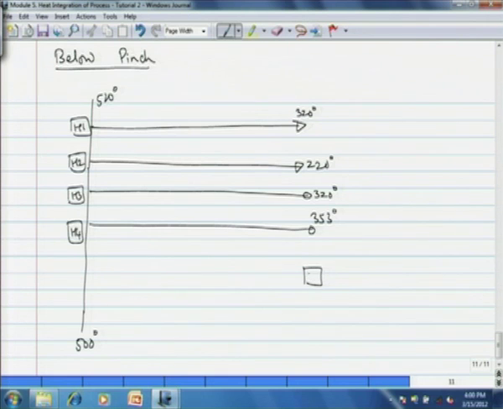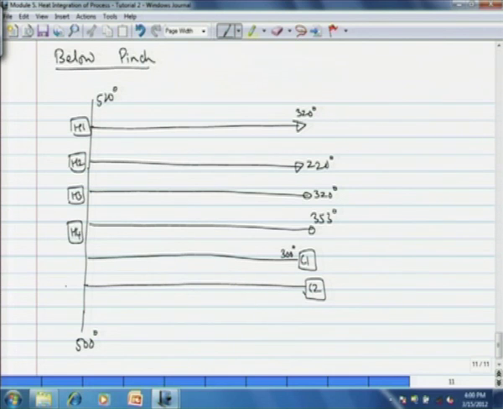C1 goes from 300 to 500, C2 goes from 200 to 500, and C3 goes from 300 to 500.